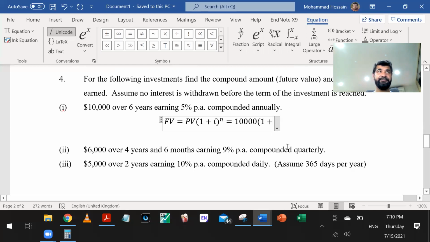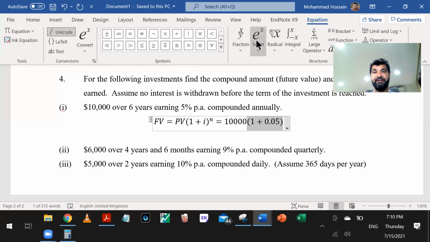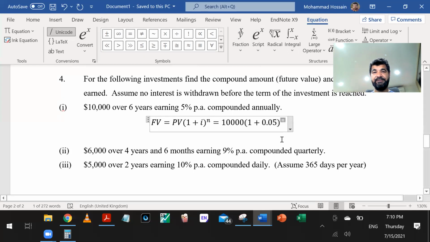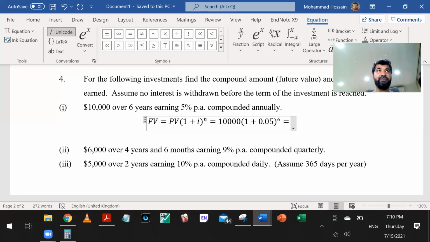So 5% will be 0.05, to the power 6 years, right? So we'll be calculating the answer. Answer will be 13,496.